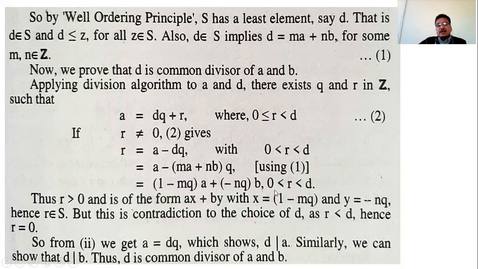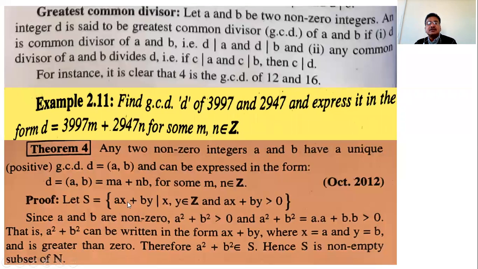What is your observation here? Suppose X is 1 minus MQ and Y is minus NQ. Then R is expressed in the form AX plus BY, and R is greater than 0. Therefore R satisfies both properties: it is of the form AX plus BY and it is greater than 0.